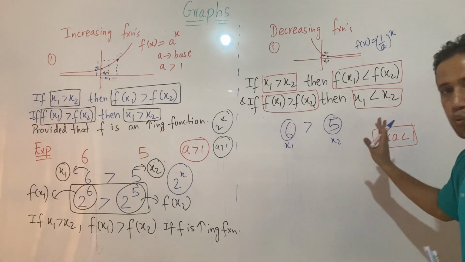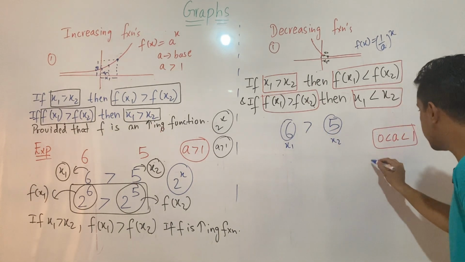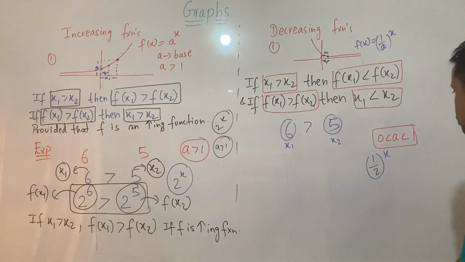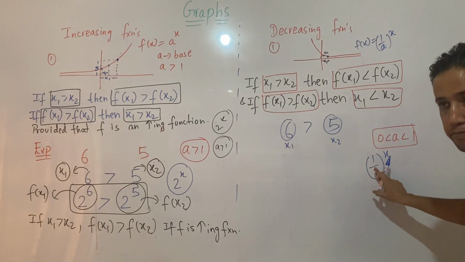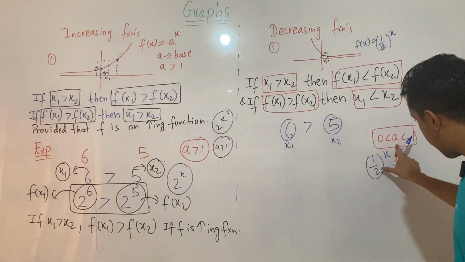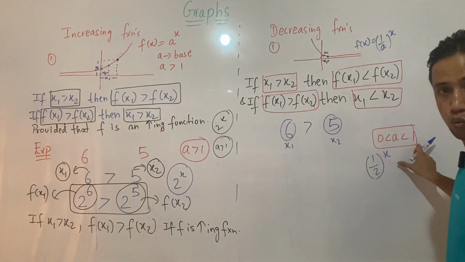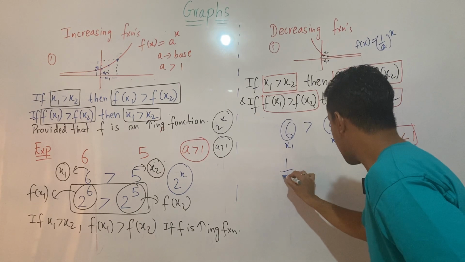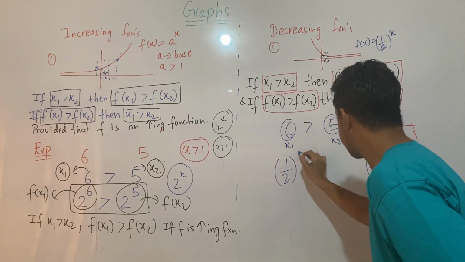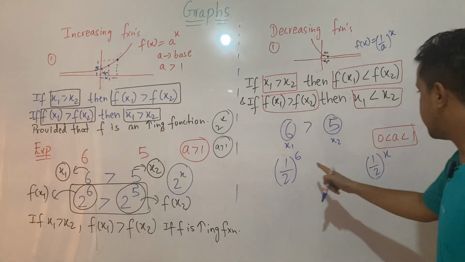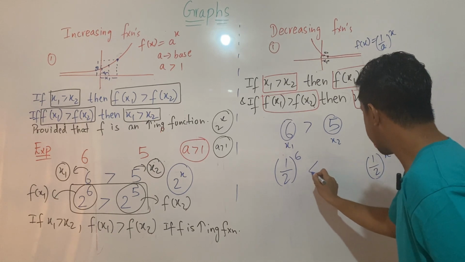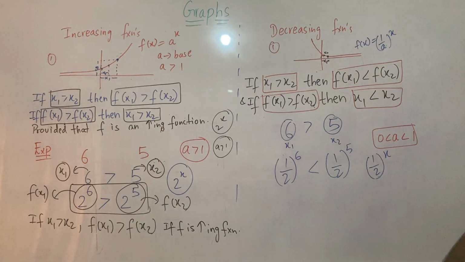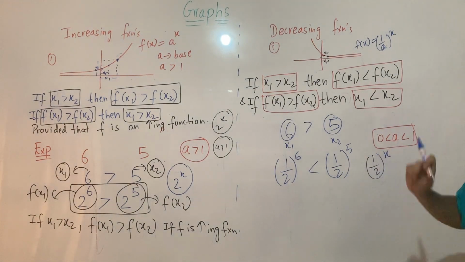Now here we are doing it for 1 by 2 raised to the power x. Why? Because here my base is between 0 and 1. Now if I write 6 here, then I have to say it is going to be less than 1 by 2 raised to the exponent 5.